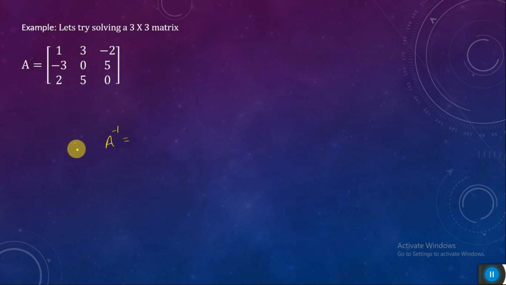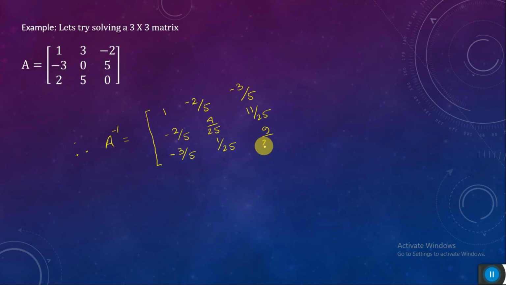below that you can write therefore A inverse is 1 minus 2 by 5, minus 3 by 5, minus 2 by 5, 4 by 25, 11 by 25, minus 3 by 5, 1 by 25, 9 by 25.